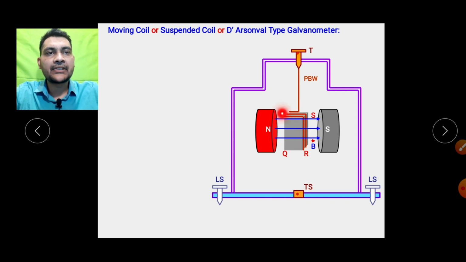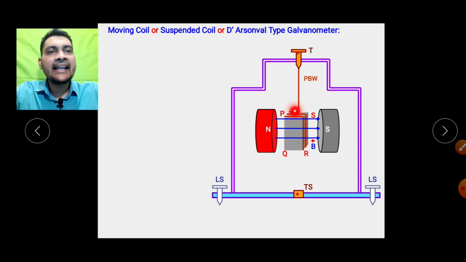These are the turns, and the coil is wound over a core. This gray shaped device over which the coil is wound is the core of the coil. The core is made up of a ferromagnetic substance, meaning a good magnetic substance. Generally, soft iron is used for making the core.